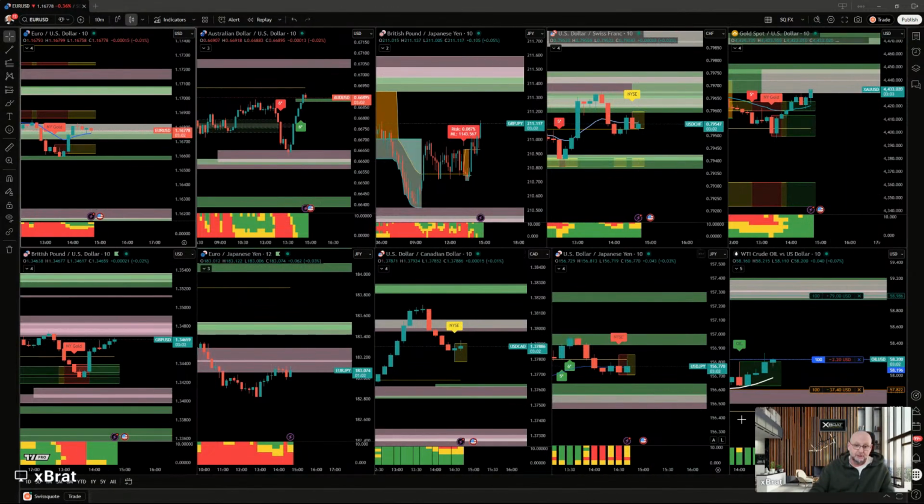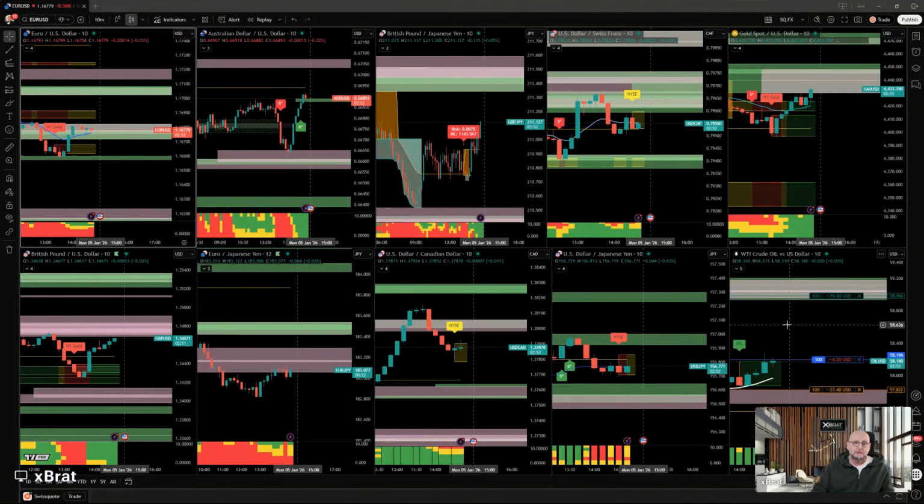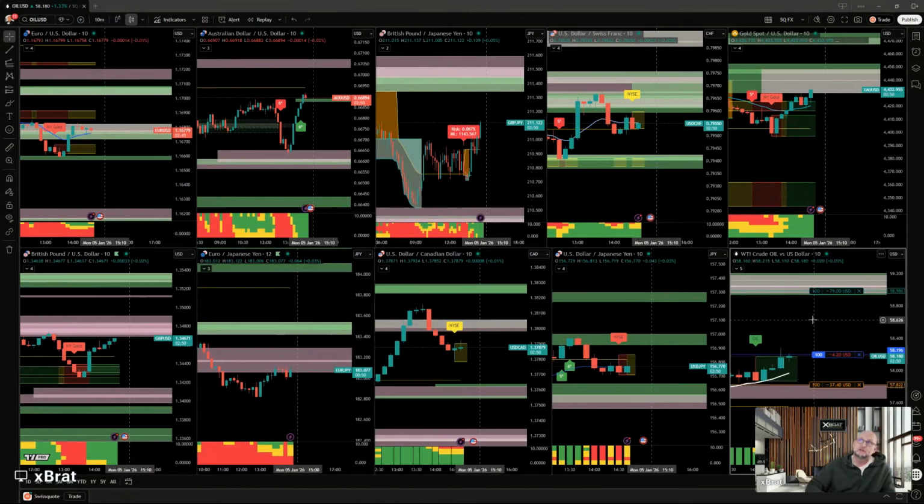And the data point we have today, manufacturing PMI, is big data. Most people aren't prepared to stick their neck out before data. They would rather wait for the data reaction, then trade the reaction, or give it 15 minutes after data, see if trends continued or have been reversed, and then look for trades after that, because that will be the catalyst today, unless it's totally neutral.